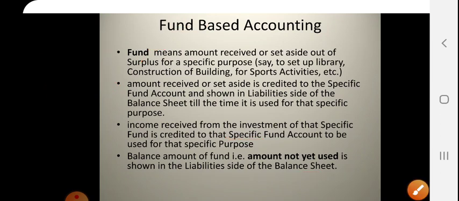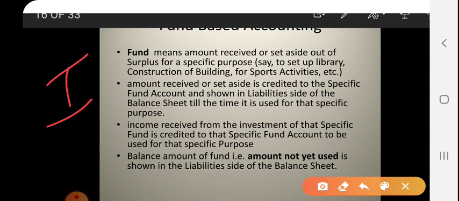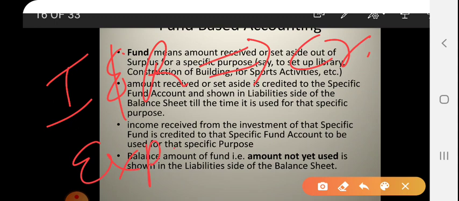It is an accounting system where receipts and income related to that particular fund are credited, and expenses or payments are debited, means subtracted. So this is all about the fund-based accounting system.